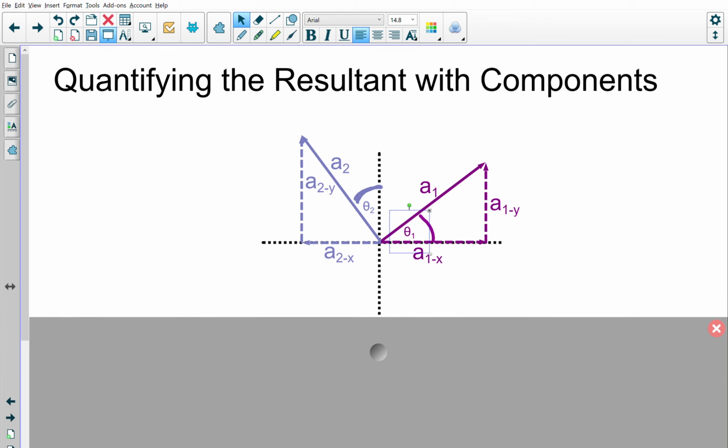What we're actually talking about is that A2X and A2Y in combination have the same net effect, have the same resultant as A2. So if you have A2X and A2Y both acting, or you have just A2 acting at that angle, they're indistinguishable. You end up with the same resultant.